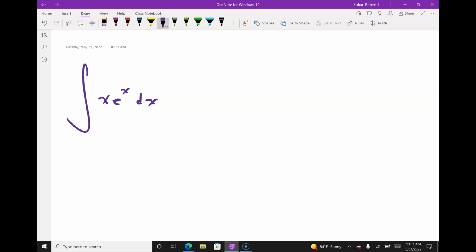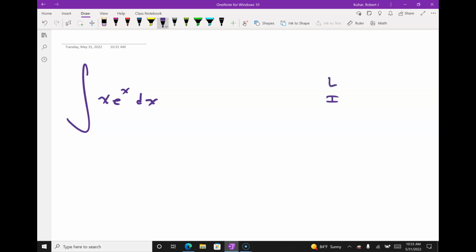You'll see right away, everything on my list fails. What could u be? It could be a whole function. No, that doesn't work. Could be the inside. The inside's too simple. There's no downstairs. It's definitely not an arc inverse trig. It fails pretty quickly on my list. So next thing is by parts.